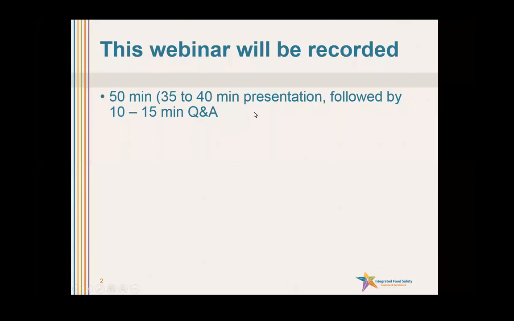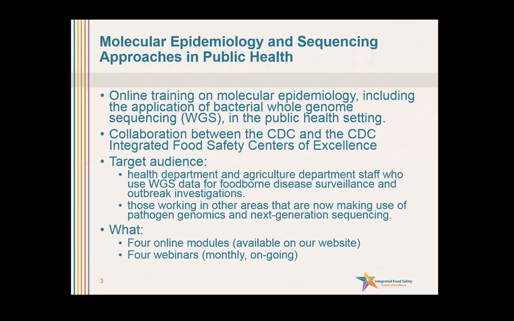The format is a 35 to 40-minute presentation, followed by 10 to 15 minutes Q&A. Just a quick overview on this series. This is an online training on molecular epidemiology, including application of whole genome sequencing in public health settings. It's a collaboration between the CDC and the CDC Integrated Food Safety Centers of Excellence.